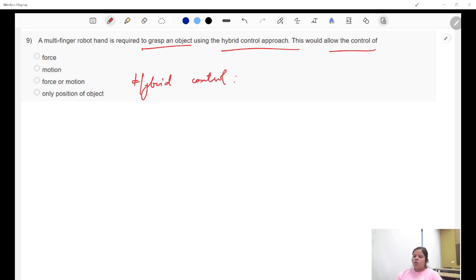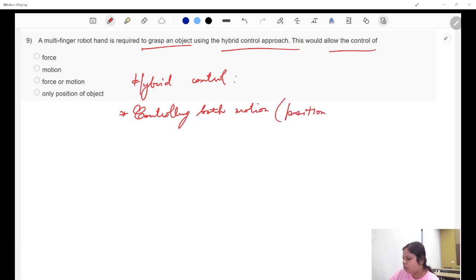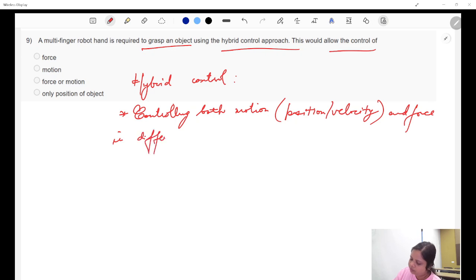It refers to controlling both motion, meaning position and velocity, and force in different directions.